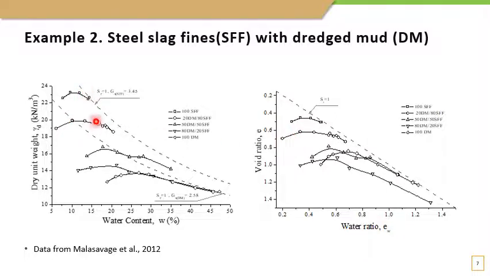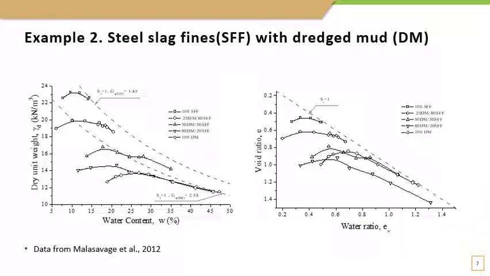Again, the curves plot higher and higher, but we see a little bit of a difference where we have higher percentages of dredged mud. And you can see, especially for the 50-50 and 80-20, in this representation we obtain a similar degree of densification, whereas the conventional representation would indicate a different degree of densification.